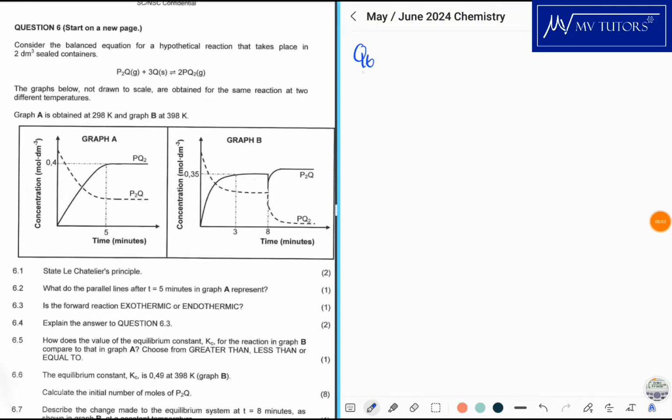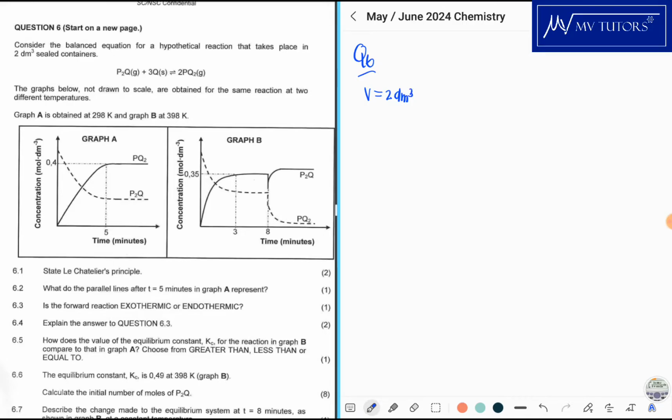Question 6. It says, consider the balanced equation for a hypothetical reaction that takes place in a 2 cubic decimeter sealed container. So just note the volume there. We have 2 cubic decimeters.